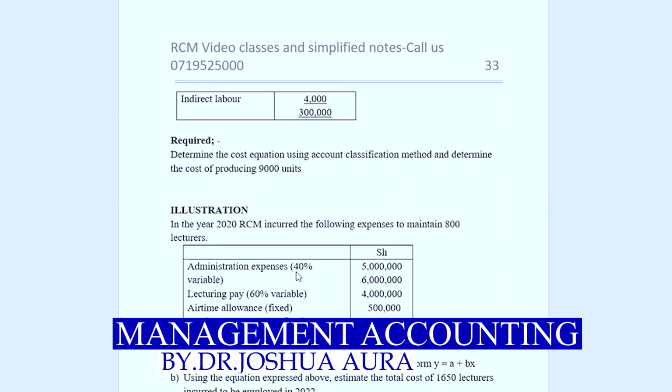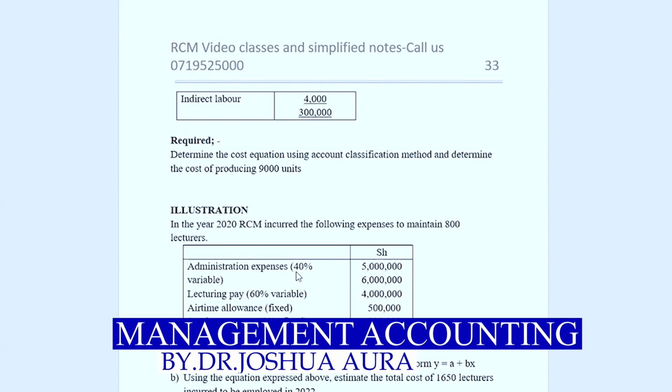And then after administrative expenses, we have lecturing pay, 60% variable, of 6 million.